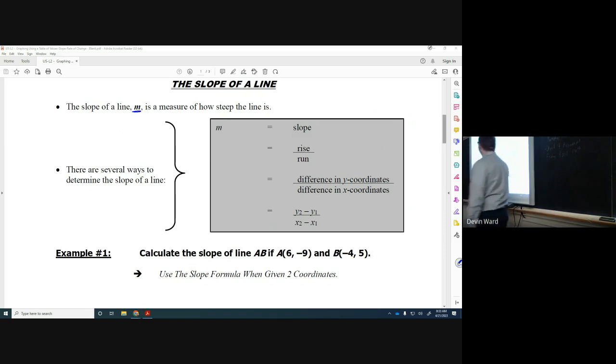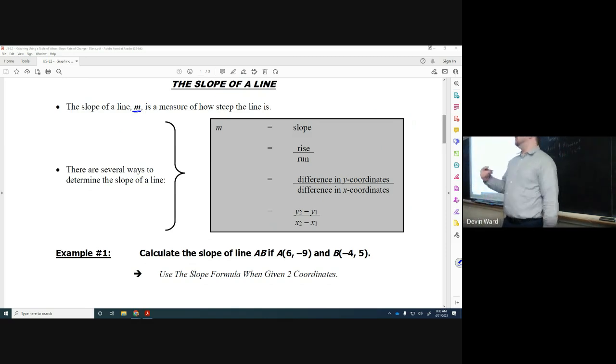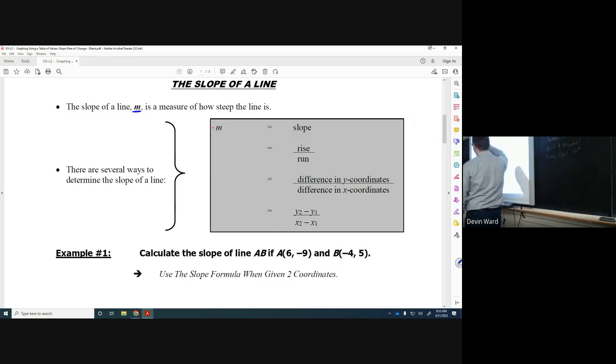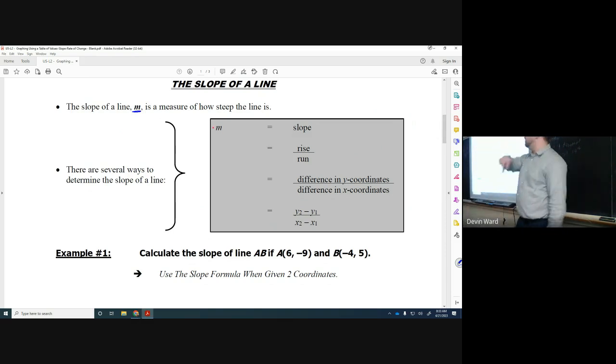Okay? So there are several different ways to determine the slope of a line. We can say m is slope, or we can say that it is rise over run.